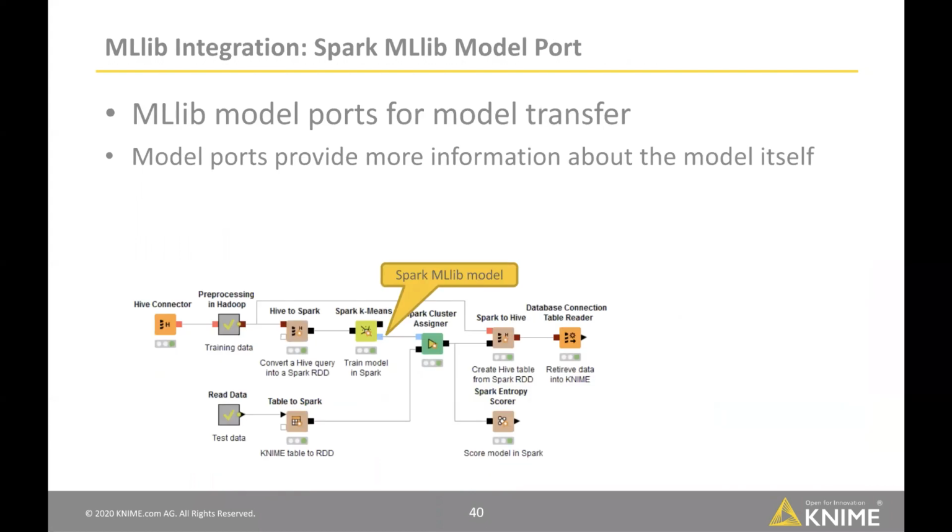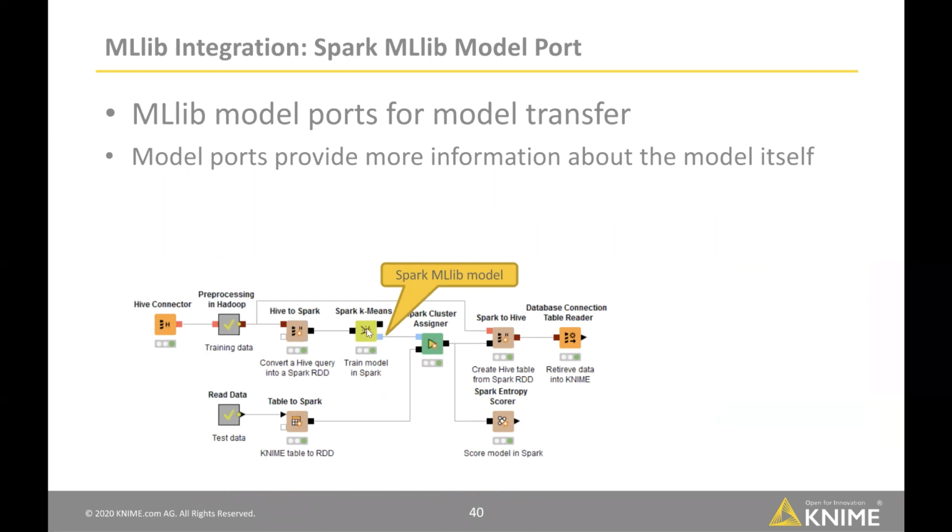One thing about the model learner nodes is that they have this special, also bluish, port here. This one contains the learned model, and there are various things you can do with those models. You can use them for prediction right away.